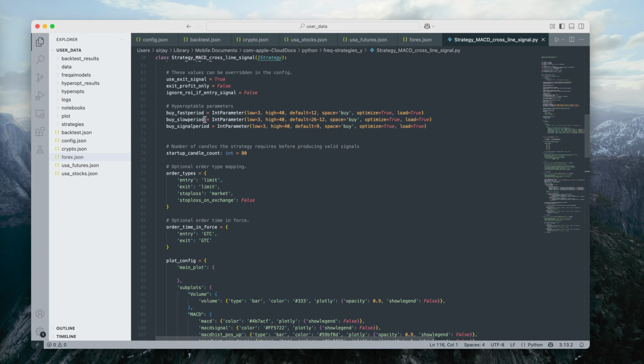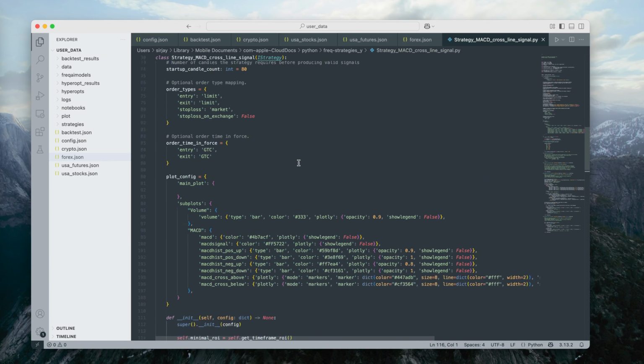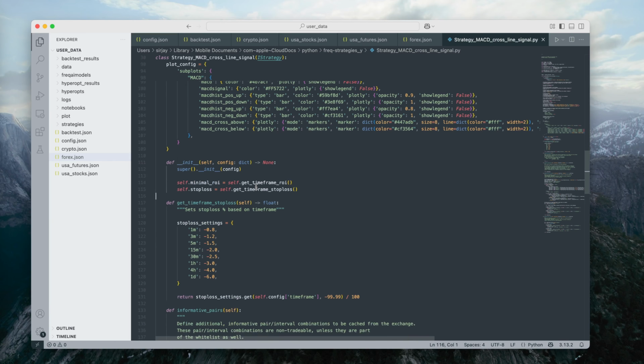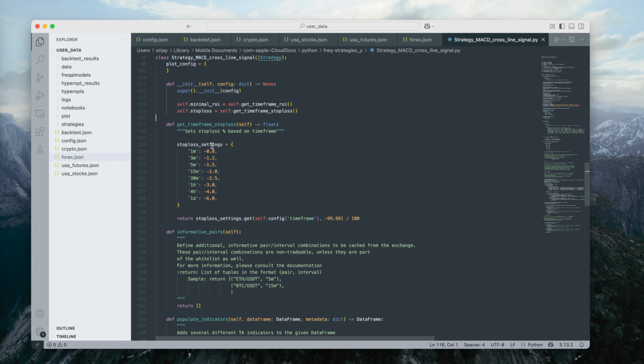Here I show the settings for MACD: 12, 26 and 9, the periods for the moving averages we will use. This is for plotting some visualizations I will show you in several minutes. This is the stop loss settings depending on the time frames. I just decided on what is most comfortable to work with, in my opinion.